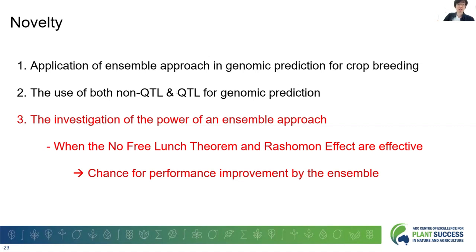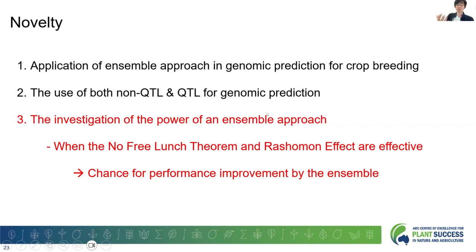But without the use of the non-QTL markers, I wouldn't be able to achieve such high prediction performance. That's why it's better to use more comprehensive SNP marker information to further enhance the prediction performance for genomic prediction. And the last one is the most significant part, which is the investigation of the power of the ensemble approach.